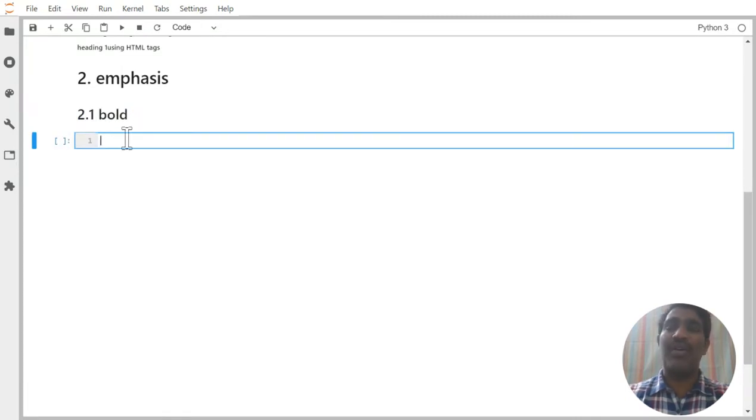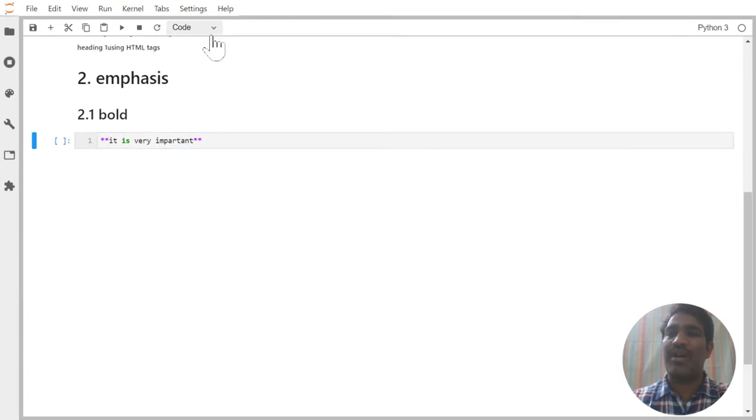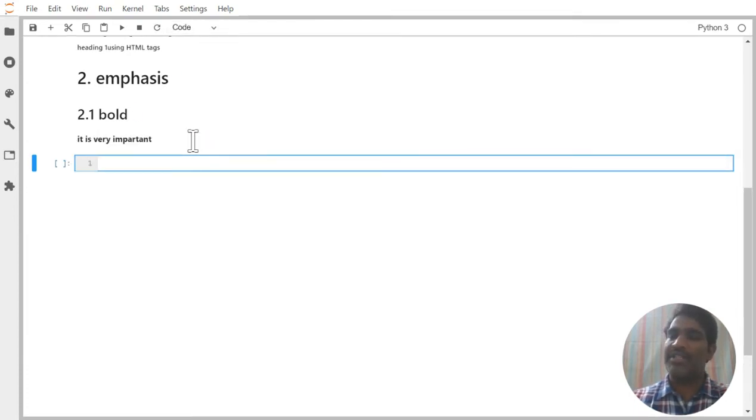Bold means all you have to do is put two stars. So let us say I'm putting two stars, then writing: it is very important. Then two stars again. Then go here and change this into the Markdown language with shift plus enter.